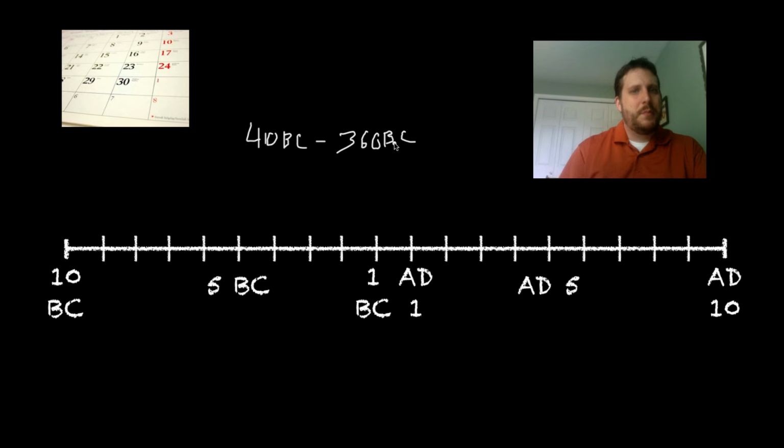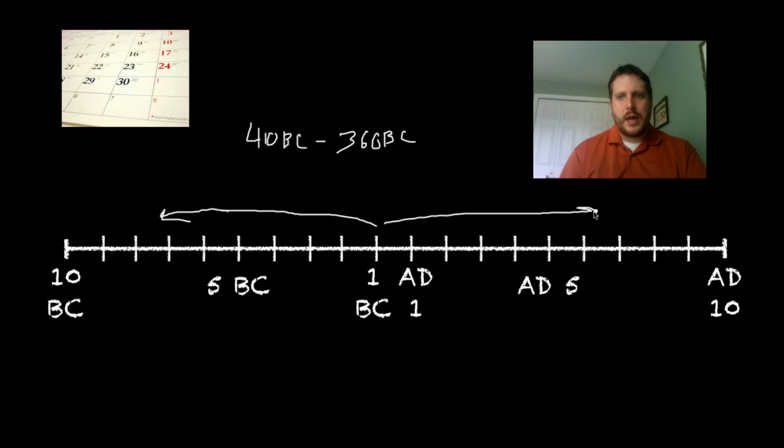Well, it's not, because 410 BC happens before 360 BC. You can see these years are counting up to the birth of Jesus, and these years here are counting away from it. So when you say AD 2012, you're really saying this is 2012 years after the birth of Jesus. And I know that looks a little confusing at first.